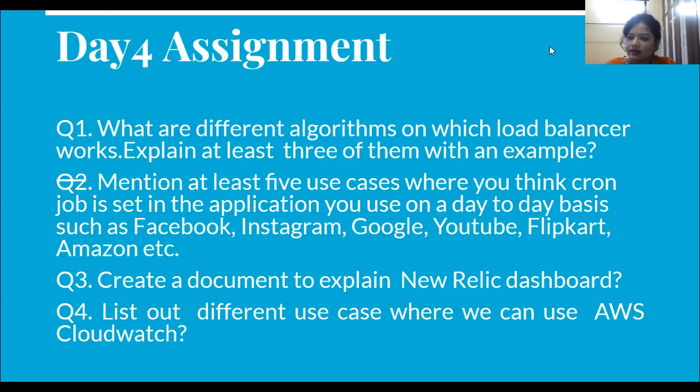Let's say the weight given to server A is 3, so the maximum it could handle is 3 requests. If 3 requests are already being served by server A and a fourth request comes, it will be assigned to server B. That is the concept of weighted round robin.